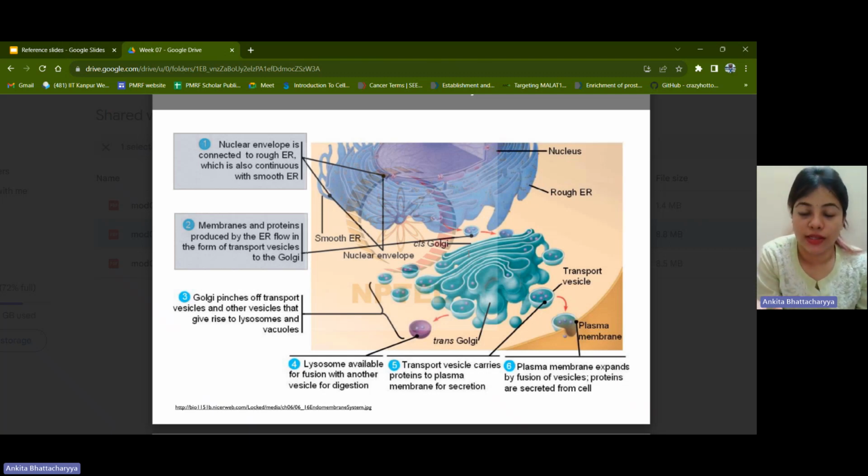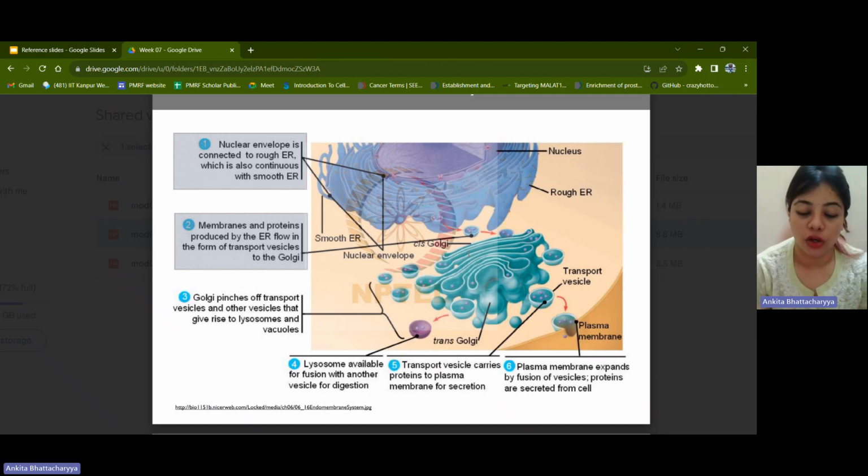This is a very superficial example, but when you go into much more depth, there's an entire topic of vesicular trafficking which takes place inside the cell, which has to be so finely controlled that we can't cover it so superficially at this point of time.